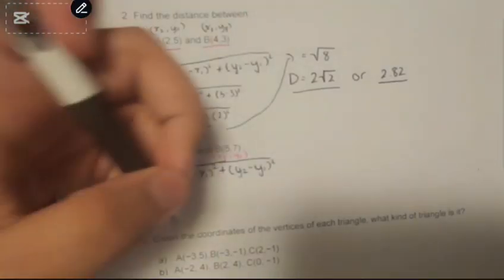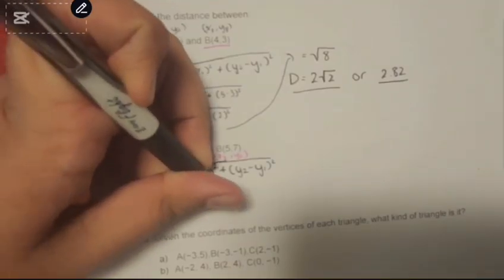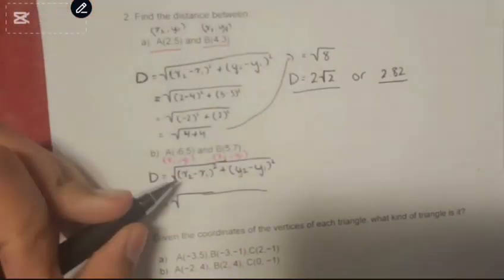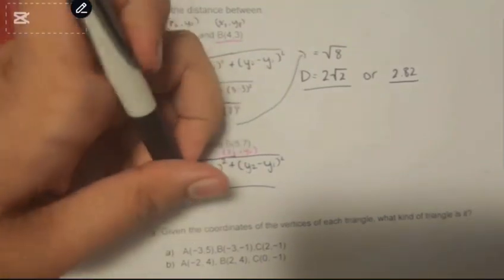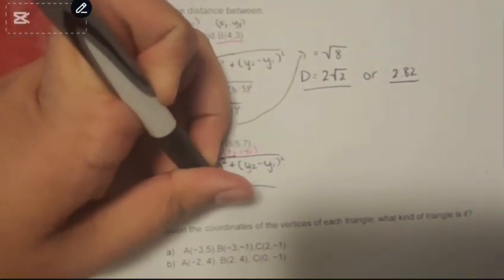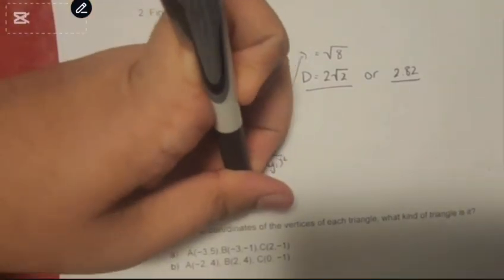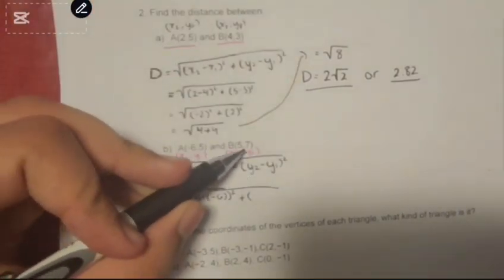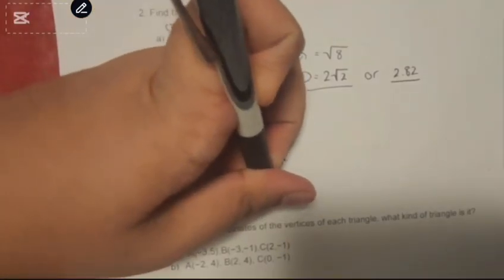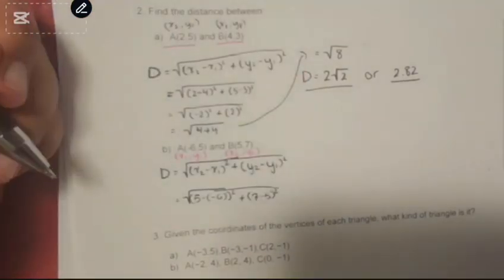So as we go into the equation, we can see x2, so 5 minus minus 6 squared, okay, and y2, which is 7 minus 5 squared.